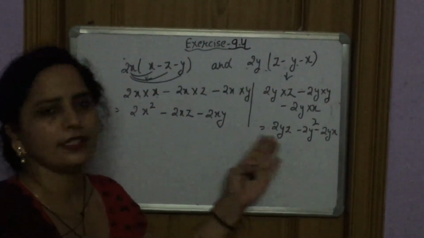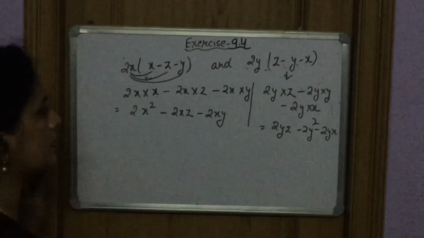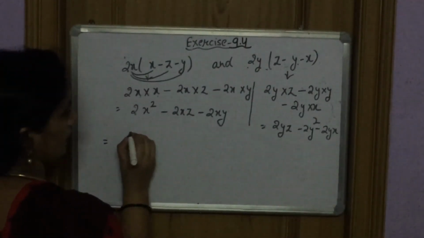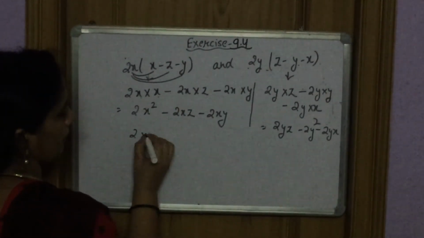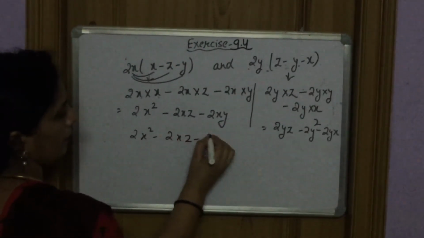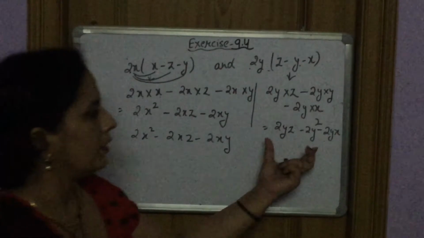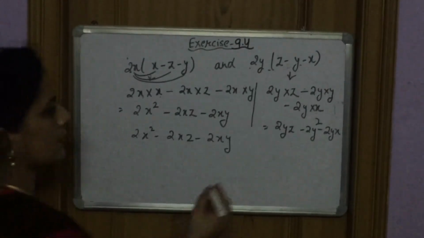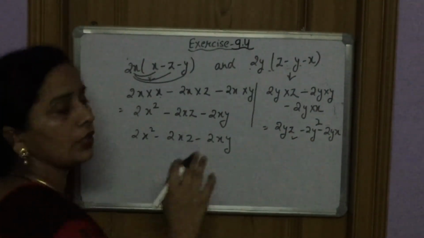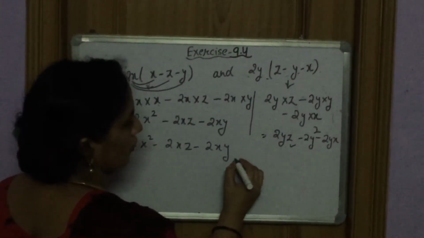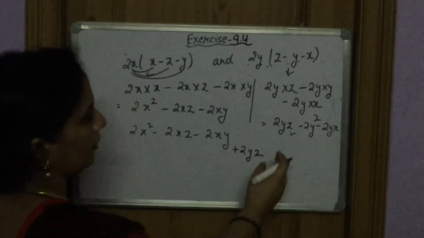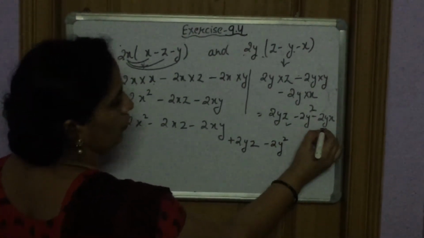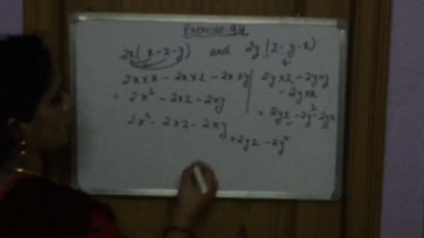Now we have to add these terms. That means between both of the terms there will be a positive sign. We can add these terms by this method also. We can write the second expression in a second row, one below the other, like terms under like terms. We have no term here which is 2yz, so we write it in a different way. 2y square, no term, 2y square. 2yx, this is 2yx.